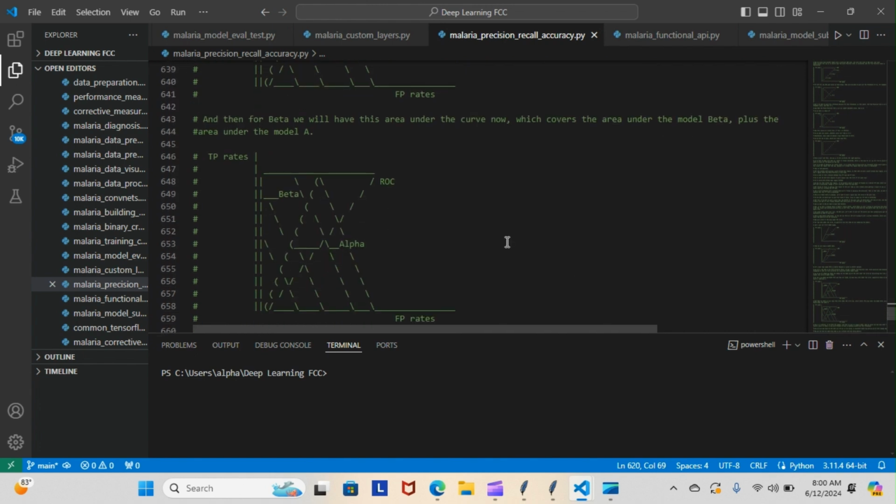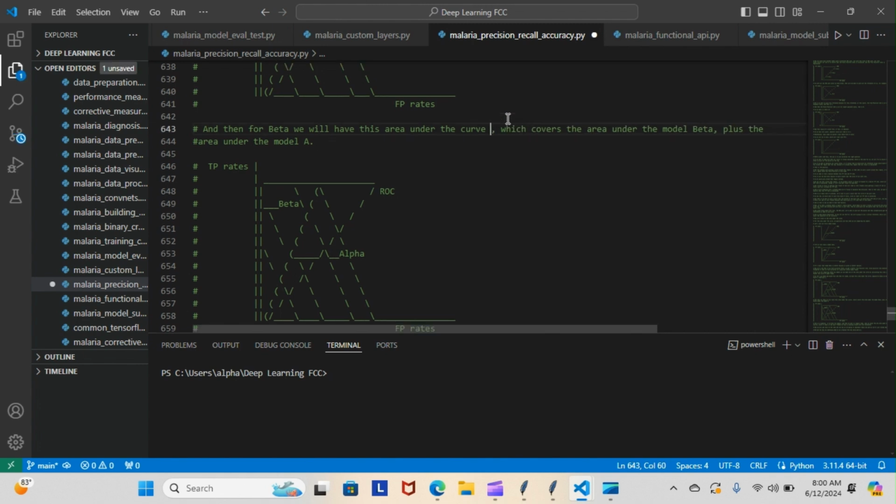And then for beta, we will have this area under the curve, which covers the area under the model beta plus the area under the model alpha. With the model beta, you can see we have our area under the curve of beta here, but it also encompasses all of the area under alpha, because it's going straight down.